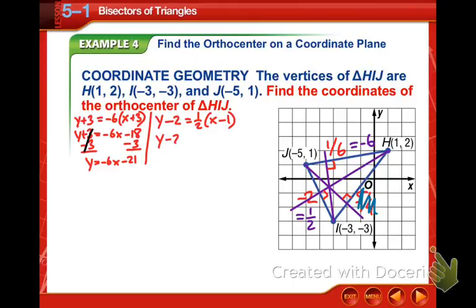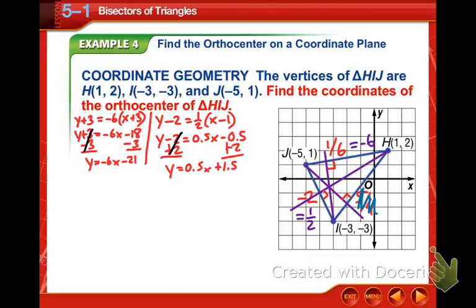So y minus 2 is equal to 0.5x minus 0.5. I'm going to add 2 to both sides. So y is equal to 0.5x plus 1.5.